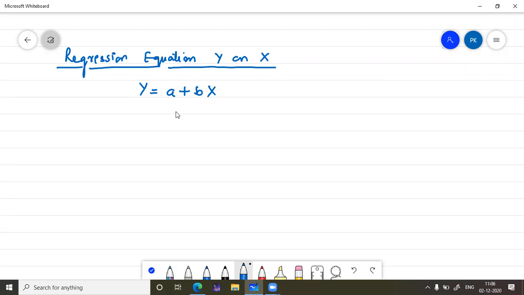This is the regression equation y on x, which is obviously a linear equation also. Here y is the dependent variable and x is the independent variable.